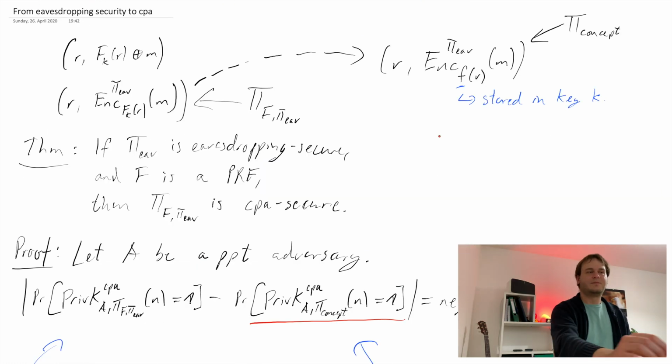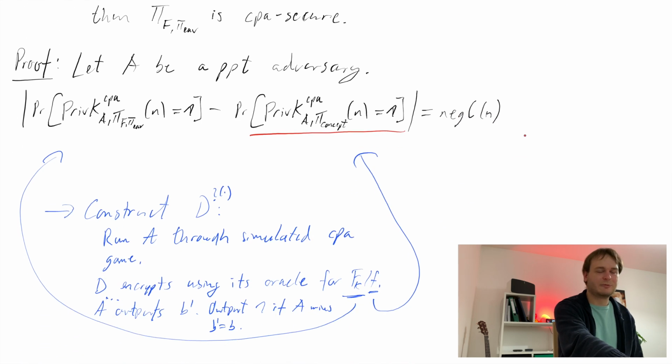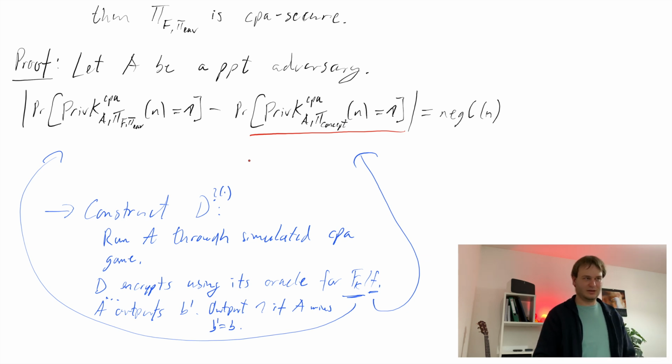So to summarize, we started with a scheme that we wanted to prove secure, and we came up with a conceptual scheme where we replaced the PRF with a random function. Then we proved that there's actually no real difference between the conceptual scheme and the original scheme. So no PPT can distinguish whether he's playing against the one or the other.